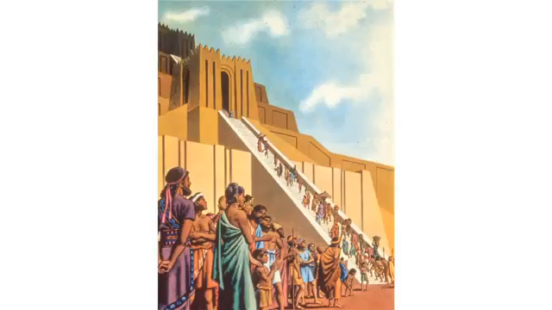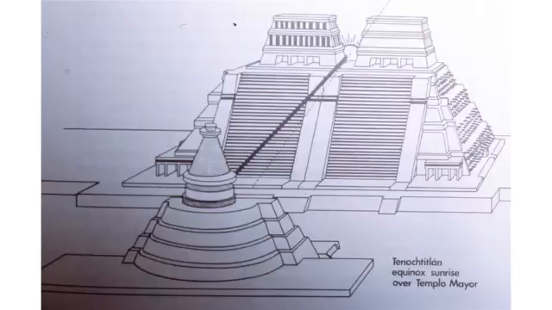Next. A depiction of the Tower of Babel, not a very good one, and the mixture of astronomy and religion in the case of Tenochtitlan, equinox sunrise over the Templo Mayor. Next.